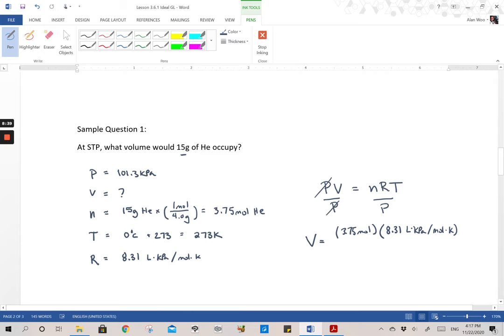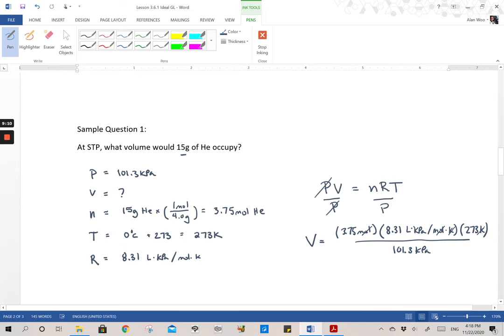And then we have 273 as our temperature, all over 101.3 kPa. Alright, so moles and Kelvins will cancel out because they're on the denominator of our gas law unit.